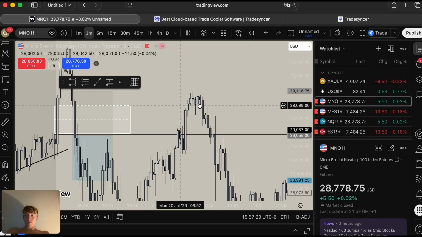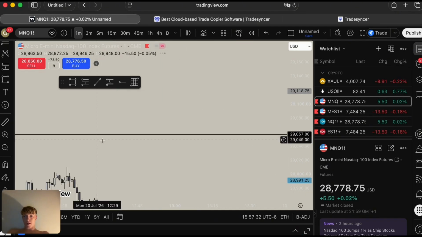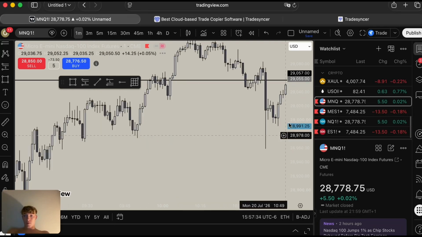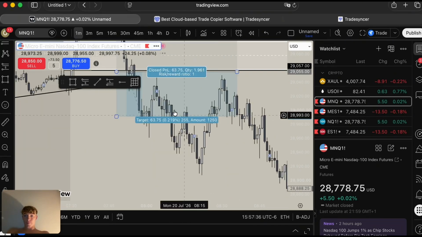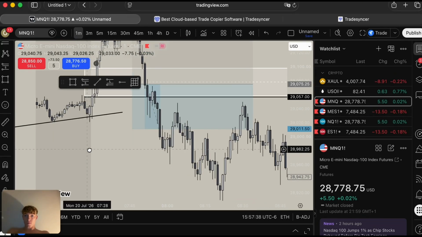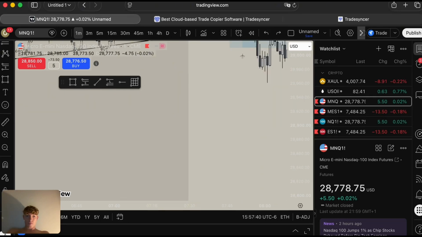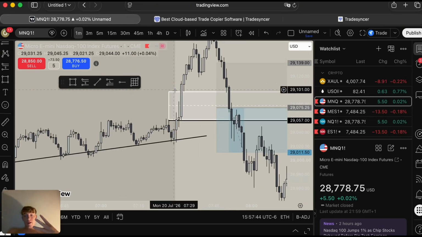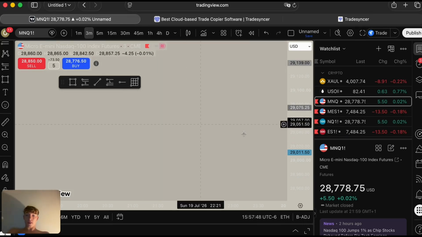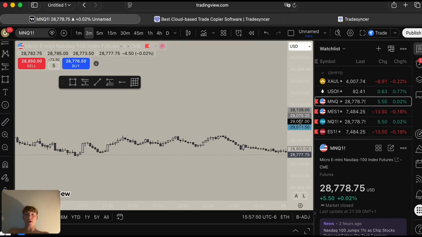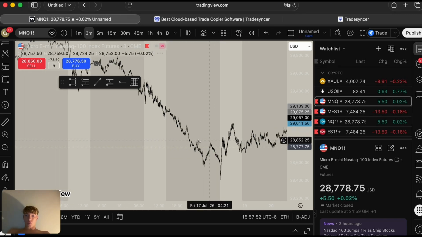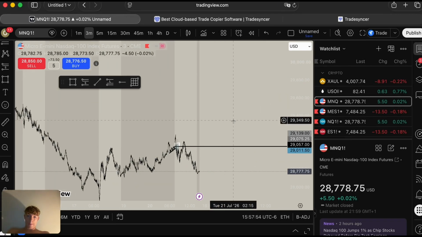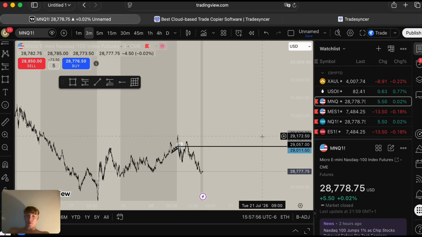So 3 minute, bang. There's probably a 1 minute there too, but a 3 minute is more powerful than a 1 minute. So we get a 3 minute inverse fair value gap, enter after that candle closure, and then bang, take profit, 2k.